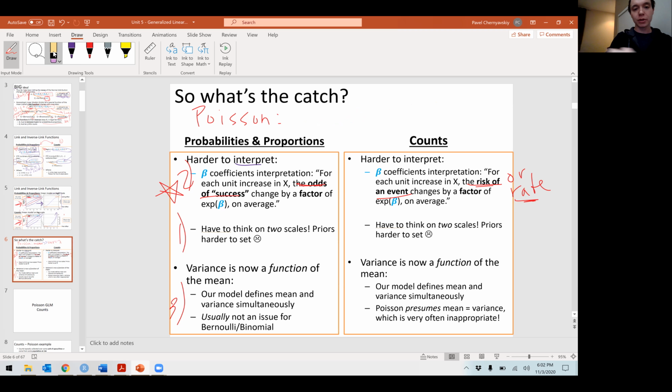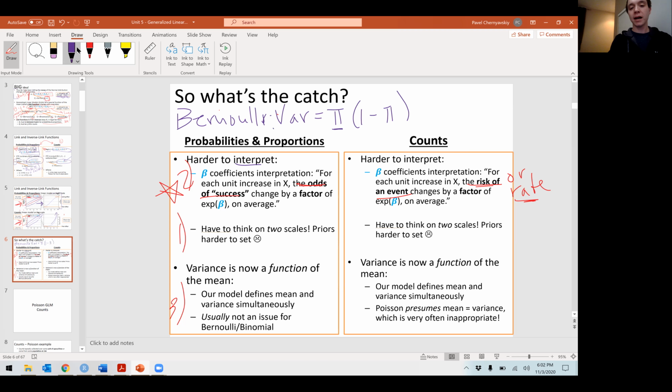For the Bernoulli distribution, and a binomial, by the way, is just a product of n Bernoullis, so the same thing applies to a binomial, the variance is pi times 1 minus pi.